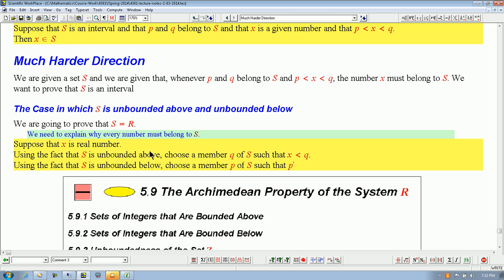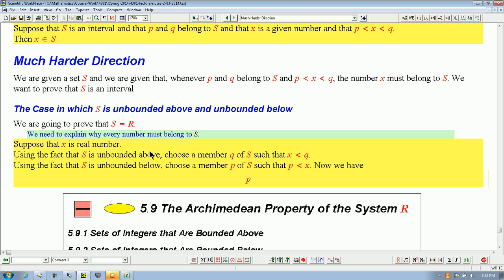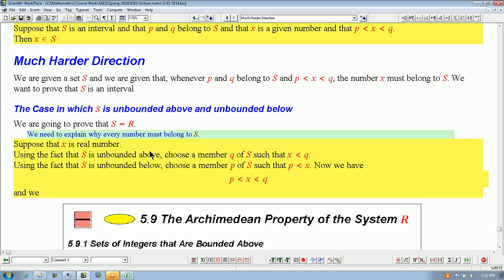Such that P is less than X, right? Now we have P less than X less than Q, and P and Q belong to S, and we conclude that X belongs to S.